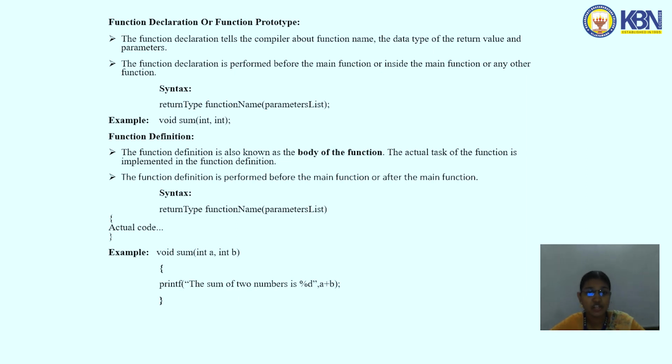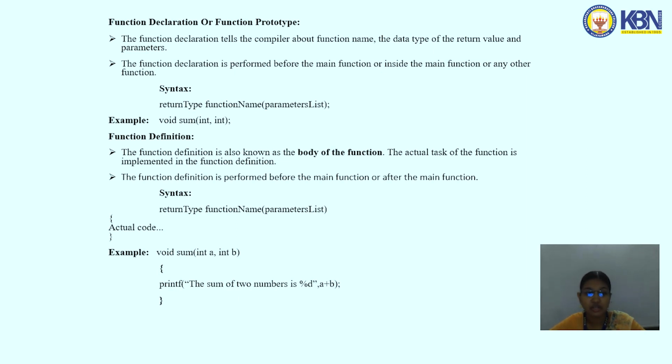Next, what is a function definition? It is the body of the function. The actual task of the function is implemented in the function definition only. The function definition is written before the main function or after the main function. Let us see the syntax: return type, function name, parameter list.